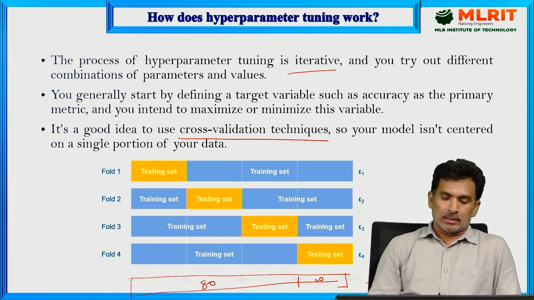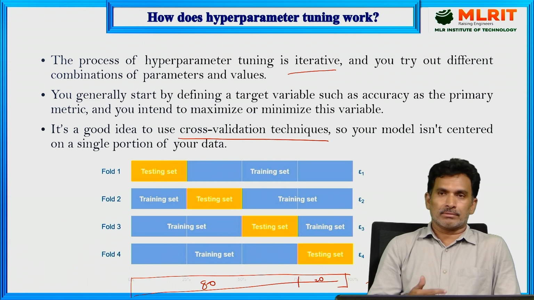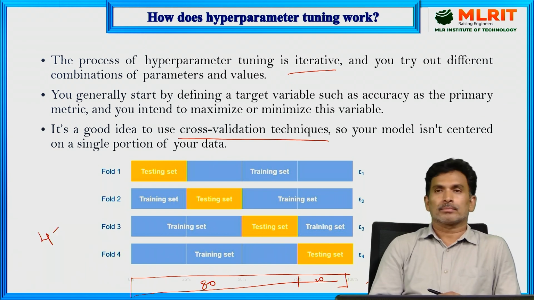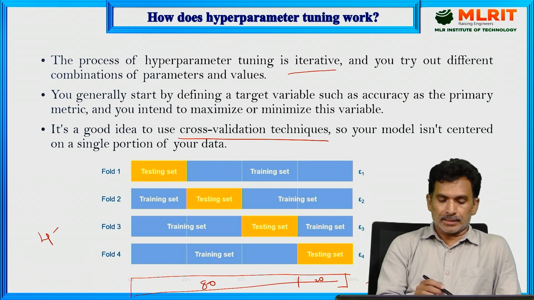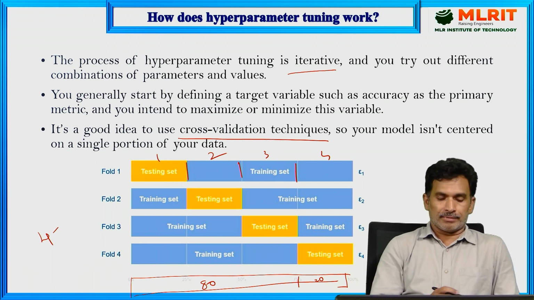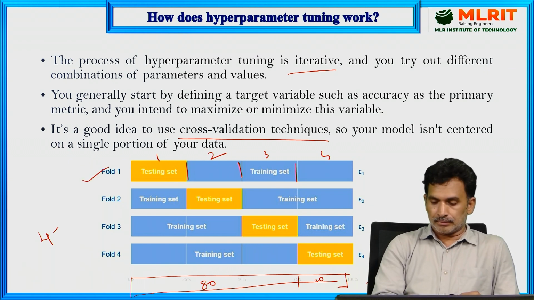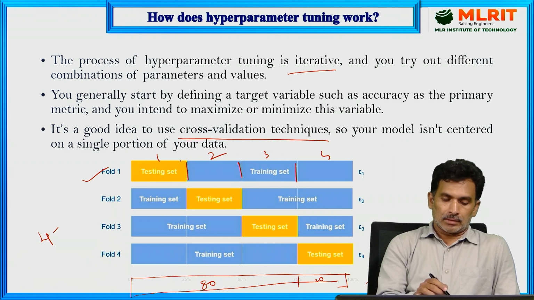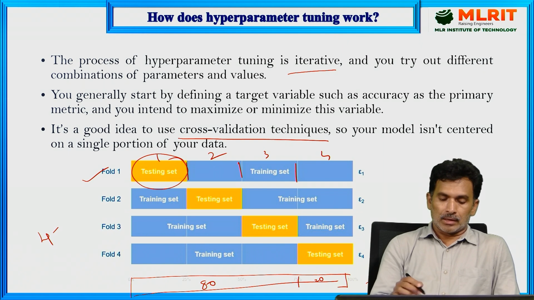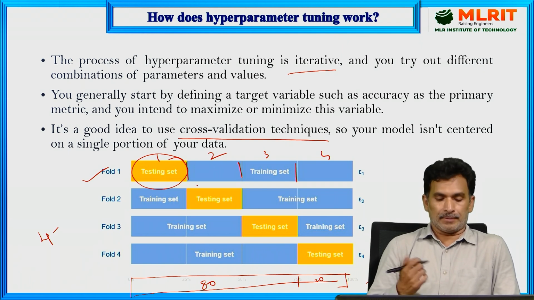Similarly, in another way, suppose you use cross validation. Here this is a 4-fold cross validation. You can see the data set is divided into 4 parts: 1, 2, 3, 4. So we have divided the data set into 4 parts. First, in fold 1, we use one part as the testing set and the remaining part as training.